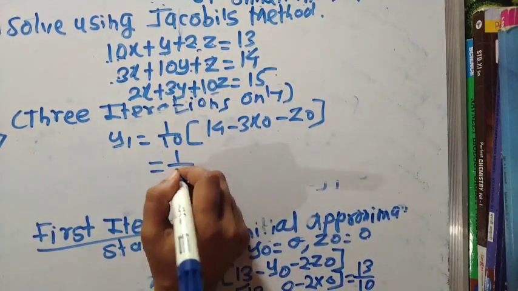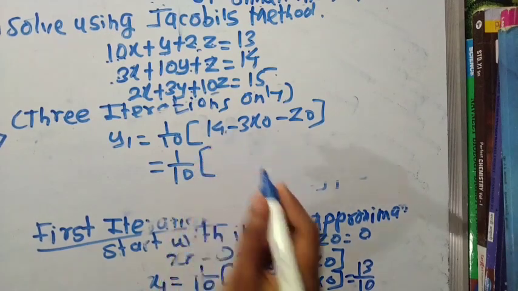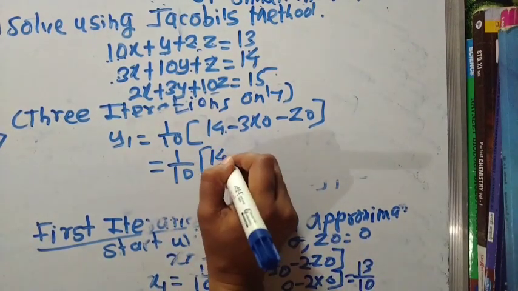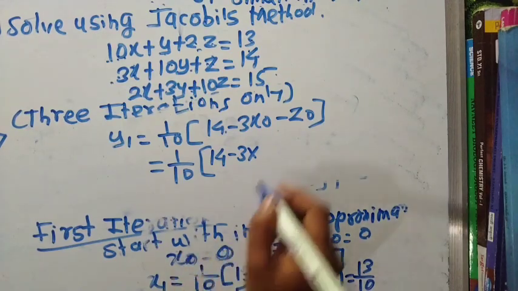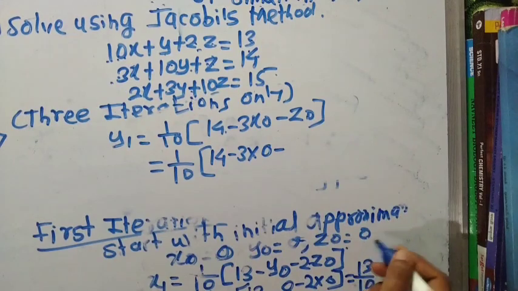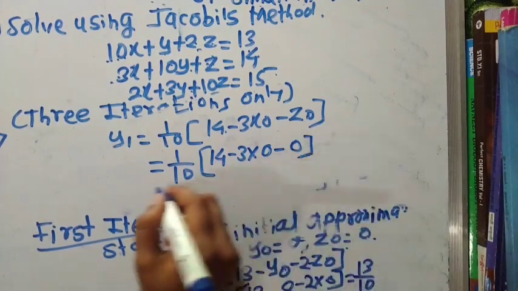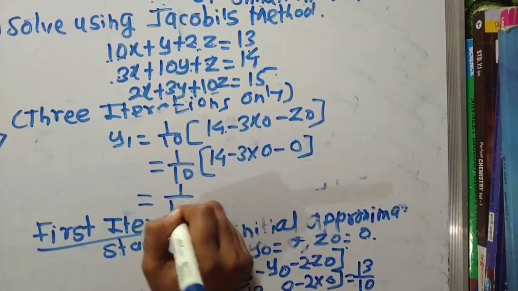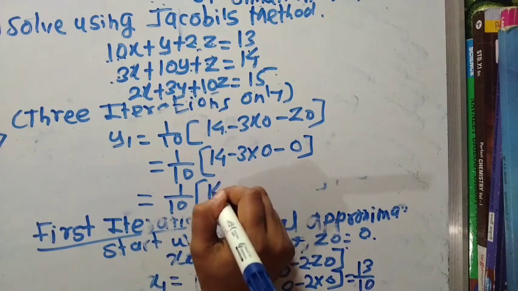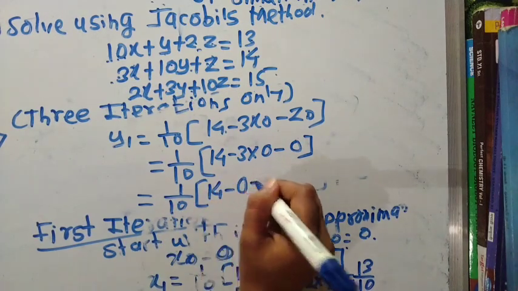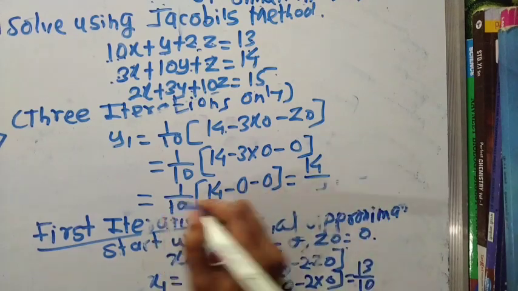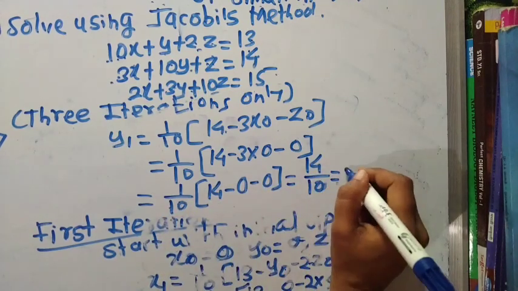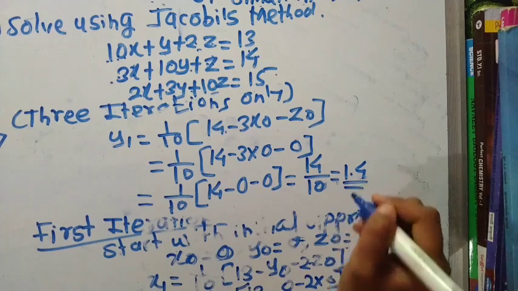So here 1 divided by 10 (14 minus 3 into x0, which is 0, minus z0, which is 0), which is equal to 14 divided by 10, which is equal to 1.4.